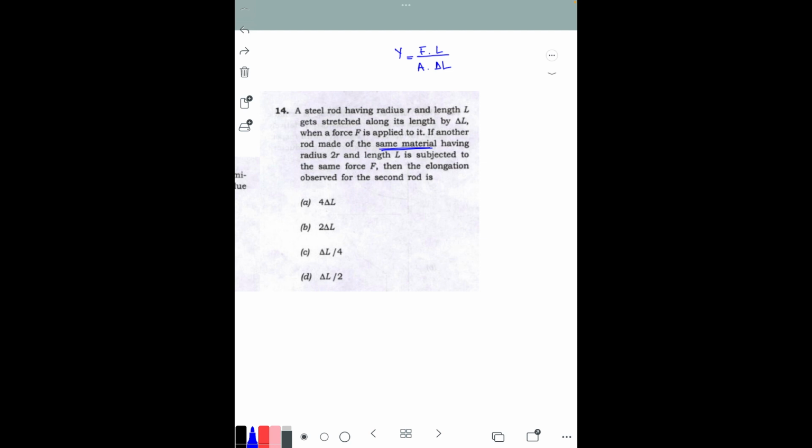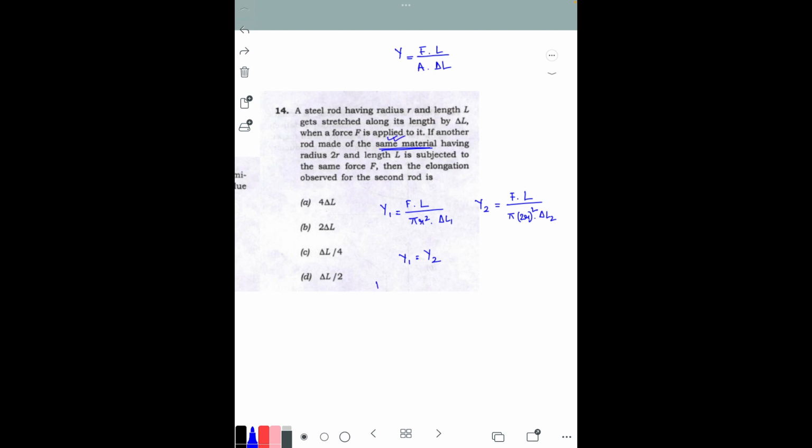In the first case, Y1 is F into L divided by pi r square into delta L1. And in the second case, Young's modulus is F into L divided by pi (2r) square into delta L2. Now Y1 equals Y2 because they are of the same material.